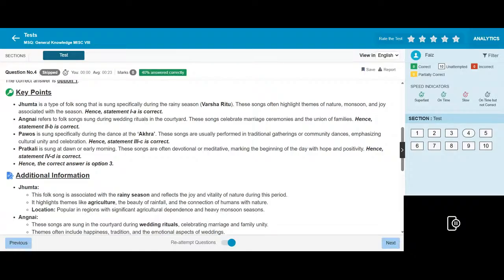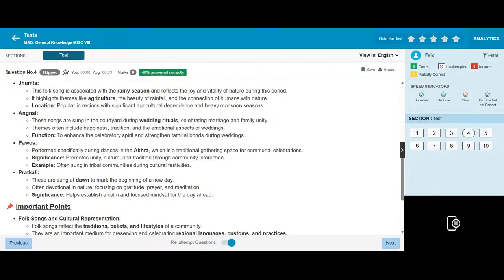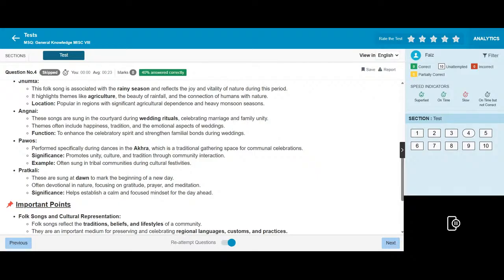Pragati is sung at dawn or early morning. This folk song is a shade of the rainy season and reflects the joy and vitality of nature. It highlights themes like agriculture and the value of rain, and also wedding rituals, sung during festivals.